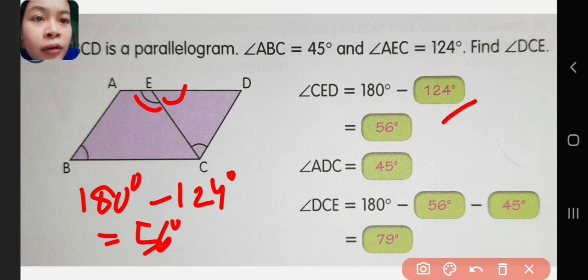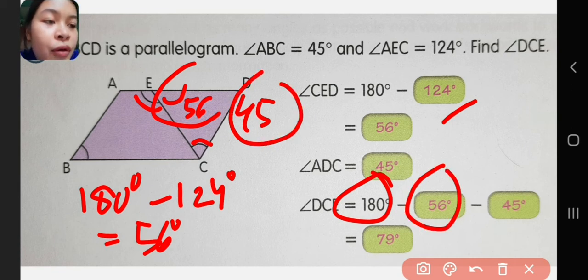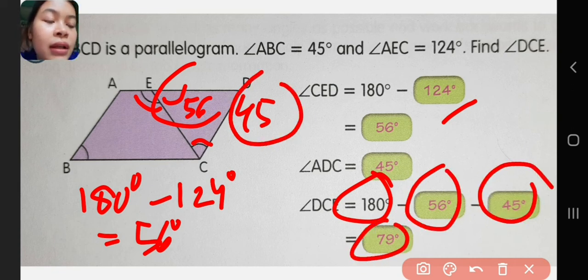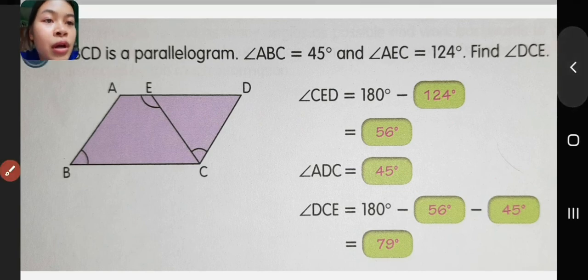So this is 56, and this is 45. How about this one? Of course, 180 minus 56 minus 45 equals 79 degrees. Okay, that is for try number 1.